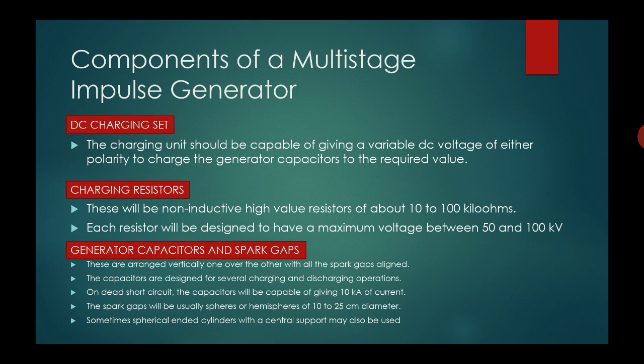On a dead short circuit, the capacitors will be capable of giving 10 kiloampere of current. The spark gaps will usually be spheres or hemispheres of 10 to 25 centimeter diameter. Sometimes spherical ended cylinders with central support may also be used. So this is a basic description of how the spark gaps and capacitors are arranged in the multi-stage impulse generator.